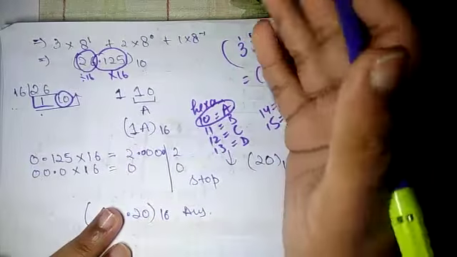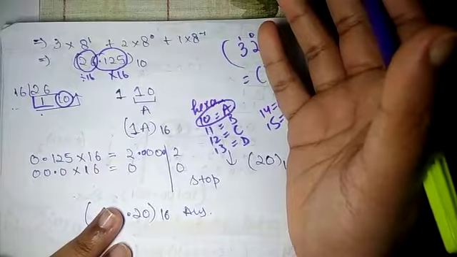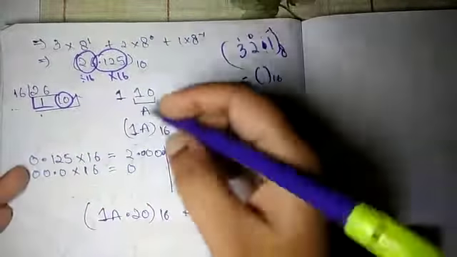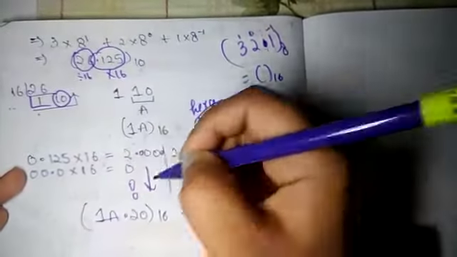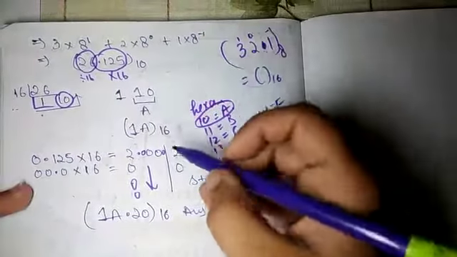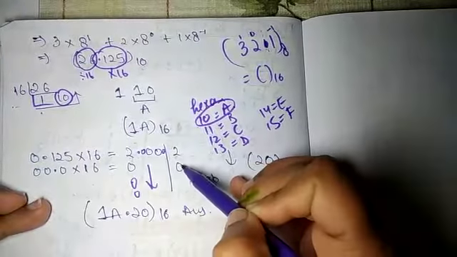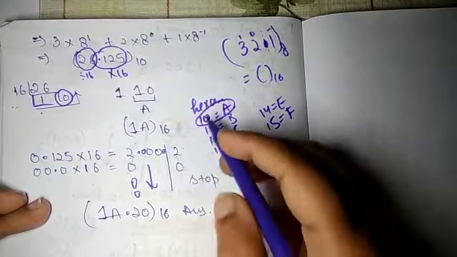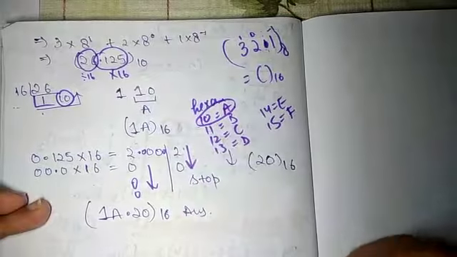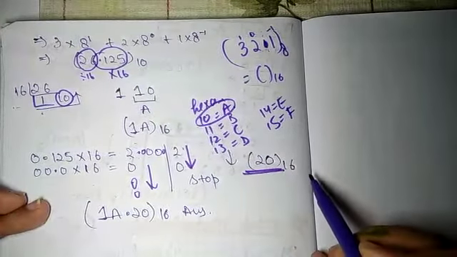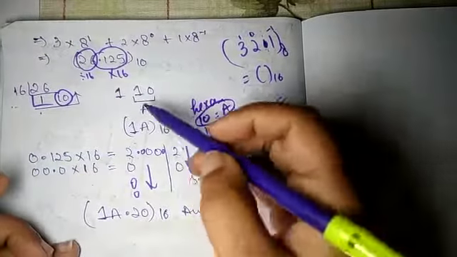It is not logical to multiply 0 with 16, because the rest of the answers will be 0 for every multiplication. So we'll stop here. I have shown the multiplication for your convenience. So 2 and 0 from top to bottom will be our consideration, 0.2 with base 16.